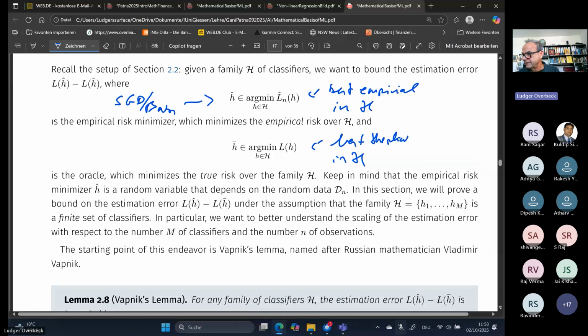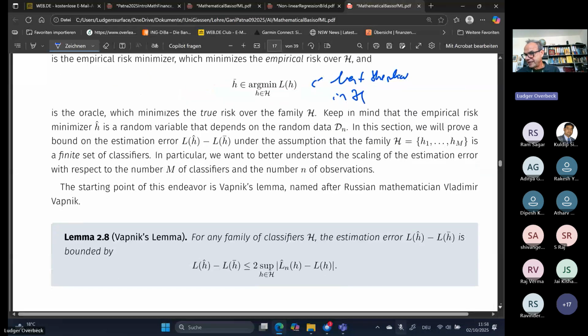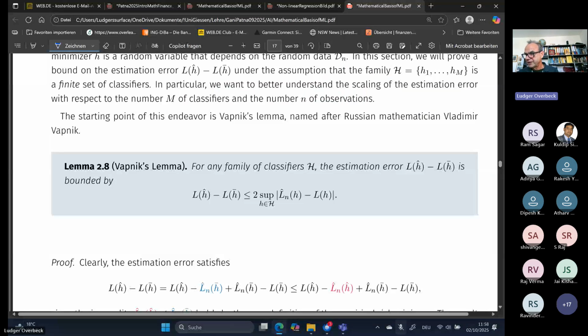Okay, and we can see that we can bound the true risk of the empirical best against the theoretical best, and we can actually bound it by this one: the empirical error and true error.